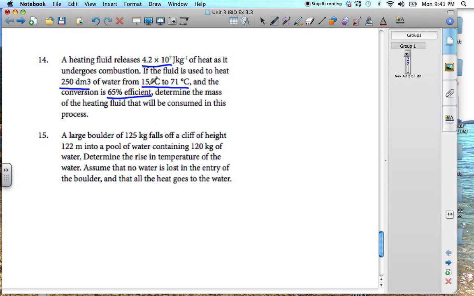So let's firstly work out the heat that is required to do that, and then we can from that work out the amount of energy that would have to be supplied, and from that the amount of heating fluid.